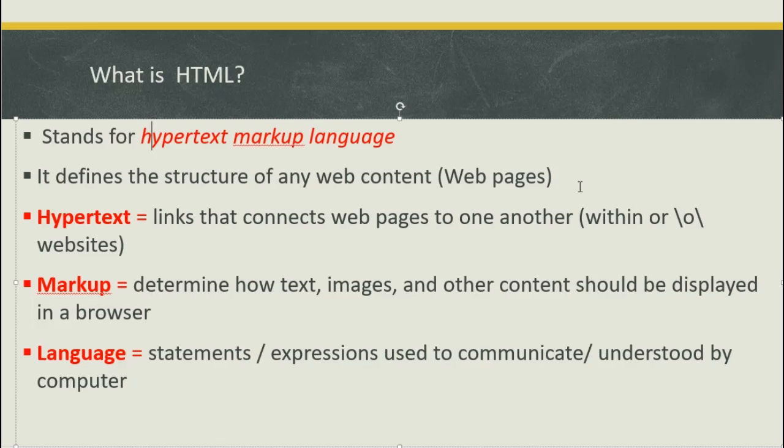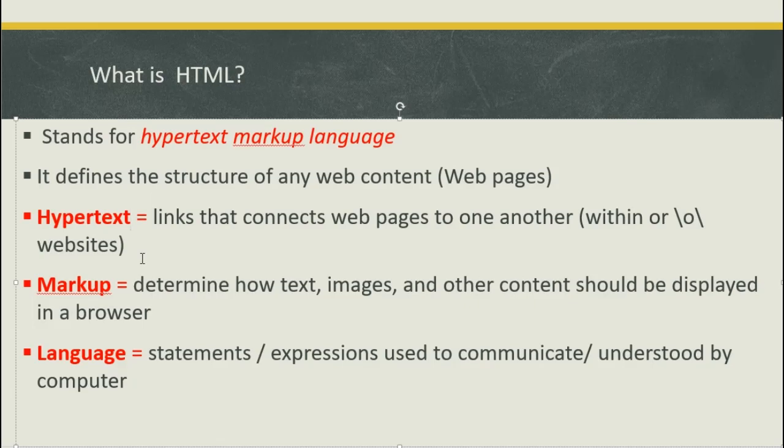So, hypertext. Hypertext refers to links that connect different web pages to one another. For example, you have visited a particular web page, then there are a lot of links. For instance, if you go to YouTube, you see different links. Maybe they link to a certain blog that has been written by somebody else.